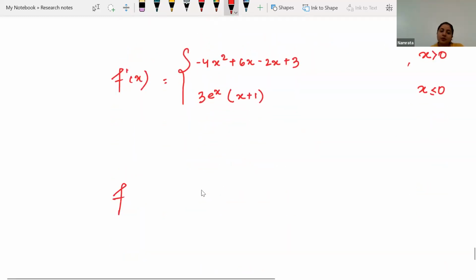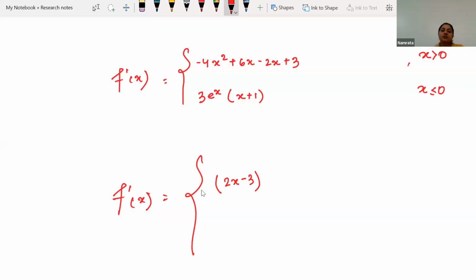F dash x will be, if we take minus 2x common, we will be having 2x minus 3. And if we take minus 1 common, so minus 2x minus 1. Here we are having 3 to the power x, x plus 1. Why are we doing it?